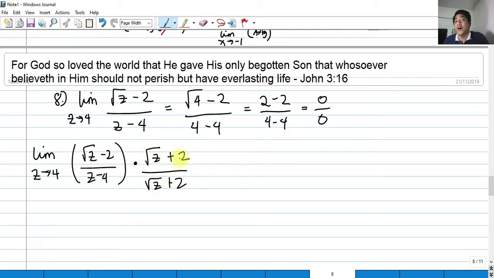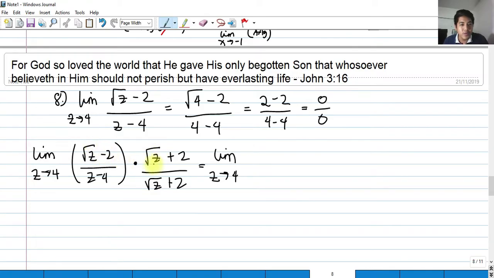Technically, the square root of z plus 2 over the square root of z plus 2 is equal to 1. So multiplying it to our function would not change it, but would actually simplify our function. It's still valid to multiply that by this. So if we multiply this, what will happen?